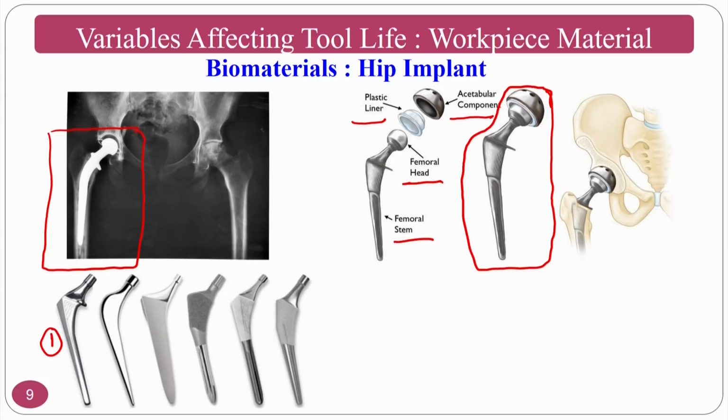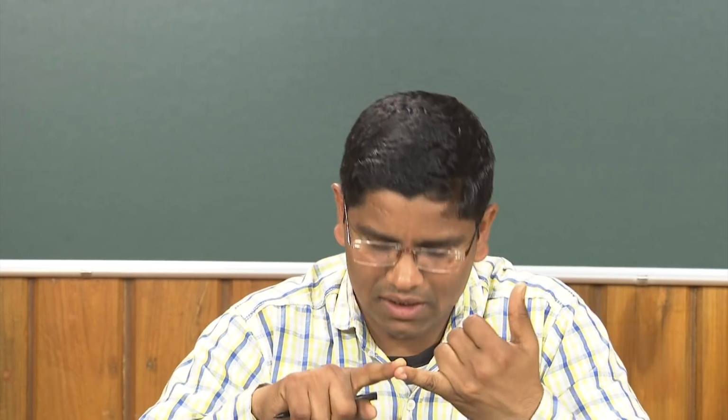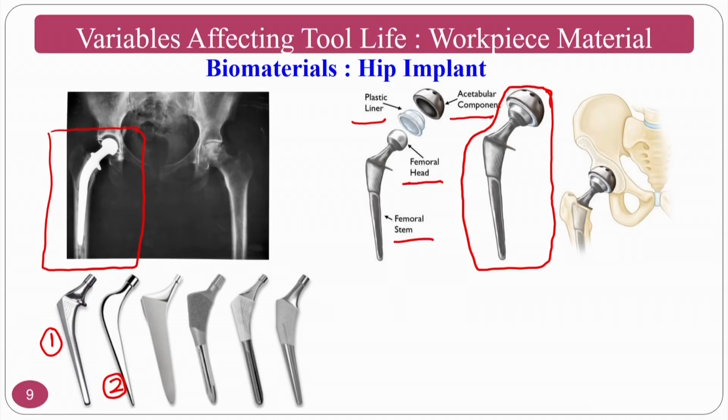For that purpose I have to machine with good tools. At the same time I have to choose my machining conditions properly, so that the surface roughness I get is better. As you can see in the two, the surface roughness should be better, it is shining, and it should give you a property, whether I want a super hydrophilic or super hydrophobic property, that depends.